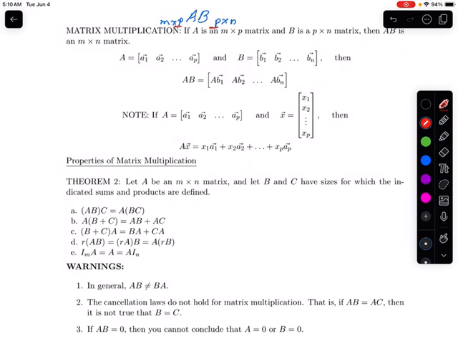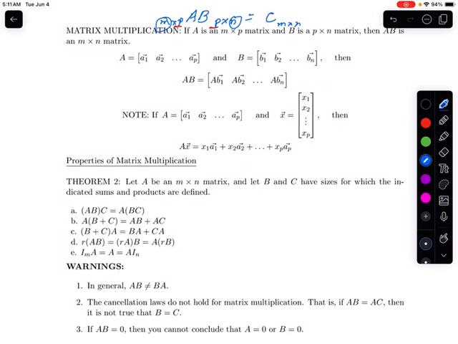Then only we can multiply the matrices. And the resulting matrix, let's call it C. So let's say AB gives us the matrix C. Then the size of the matrix C will be M by N. So whatever is left here, that's the size of the product.